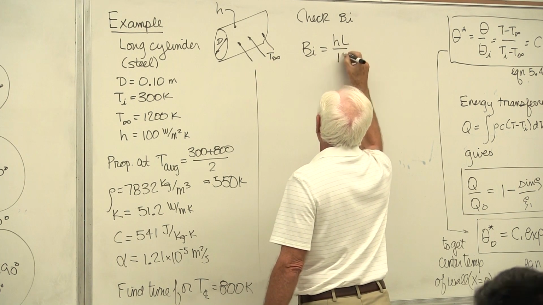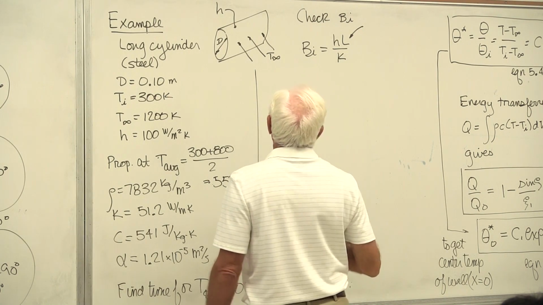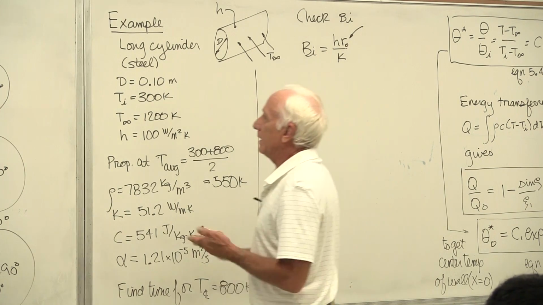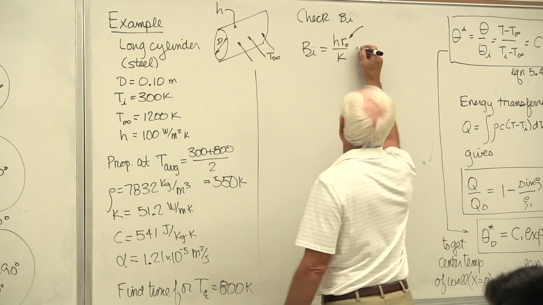HL over K. Not HL, pardon me, R. Okay, R naught, diameter 10 centimeters, radius half of that, 5 centimeters.